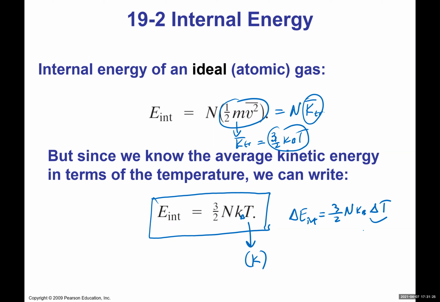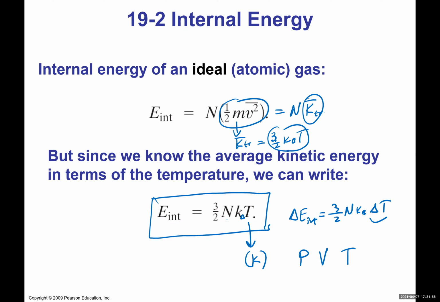This is an important equation. It tells you that internal energy of your system depends on only one of the variables we have for the macroscopic system. Remember, the state variables are pressure, volume, and temperature. Technically it depends on the number of molecules as well, but that's the variable we change least.